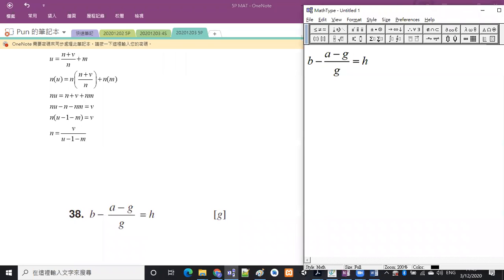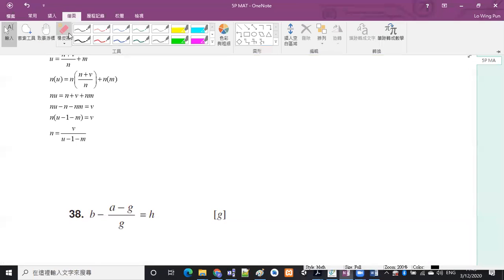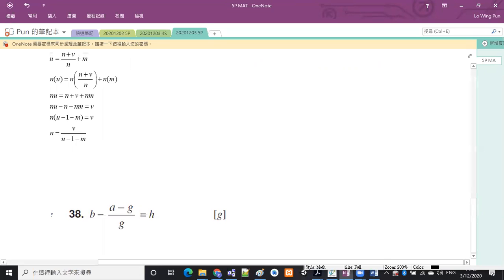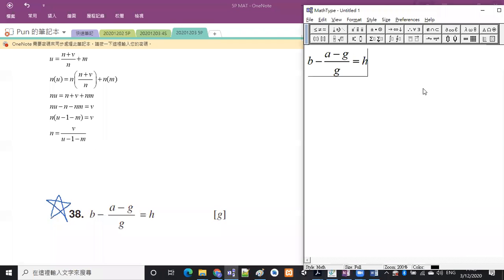Be careful here, put a star here. Okay, star. This is a spot where students often make mistakes. First, we have a fraction. The denominator is g, but this fraction is not the only fraction on the left.